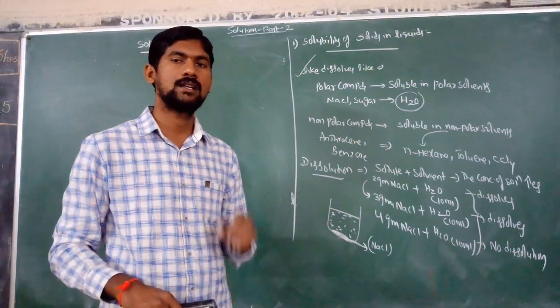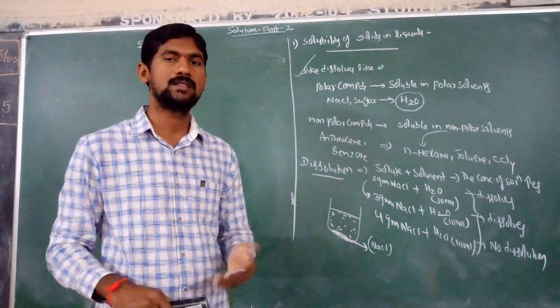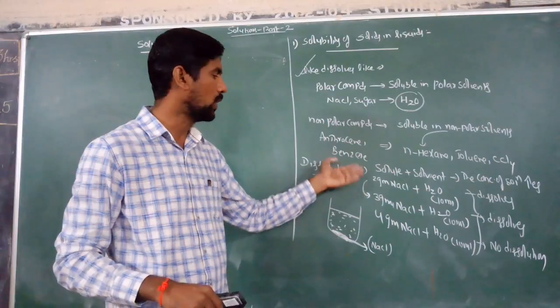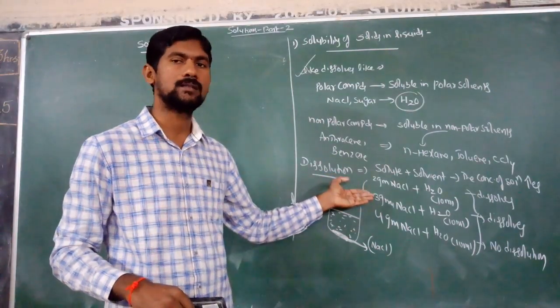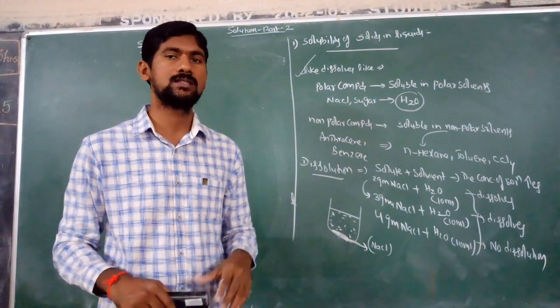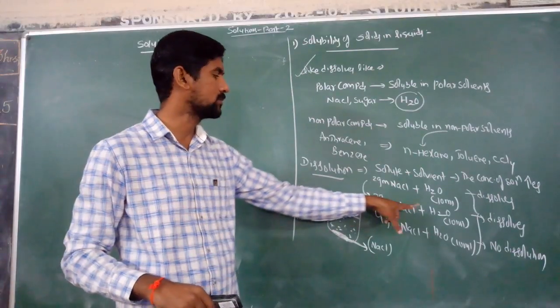So this condition is known as dynamic equilibrium. Whenever you continue to add solute to solvent, at a particular stage it is reached that no more solute is dissolved in the solvent. 2 grams completely dissolved in water, 3 grams completely dissolved.